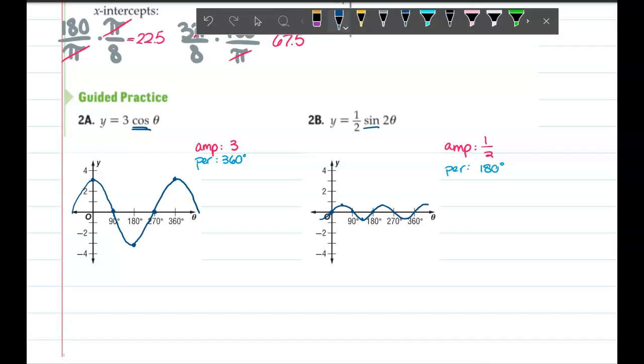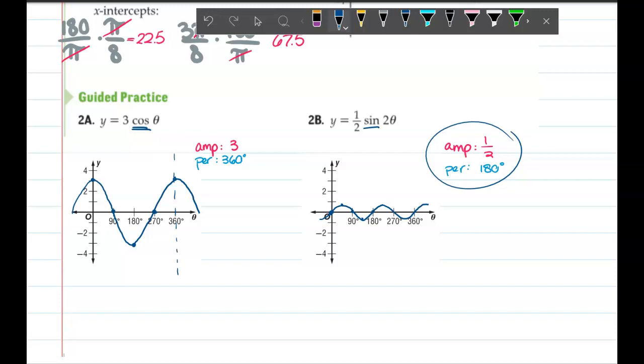If you know that the period is 360, you know you have to fit in an entire repeat between the y-axis and this 360 degrees. And then you know that it has to stretch all the way up to 3 for its amplitude. Again, you can type them right on Desmos to get all the points you need to connect them. But this information here is sufficient to help you graph it.